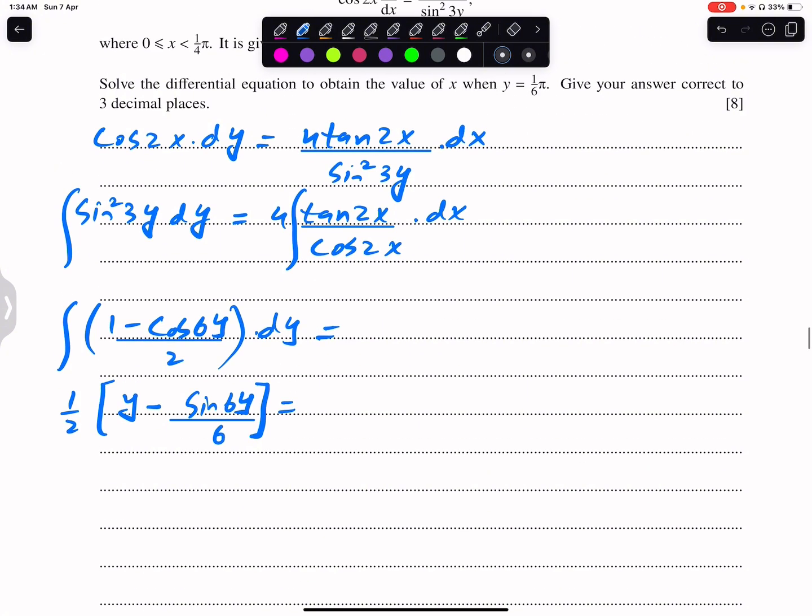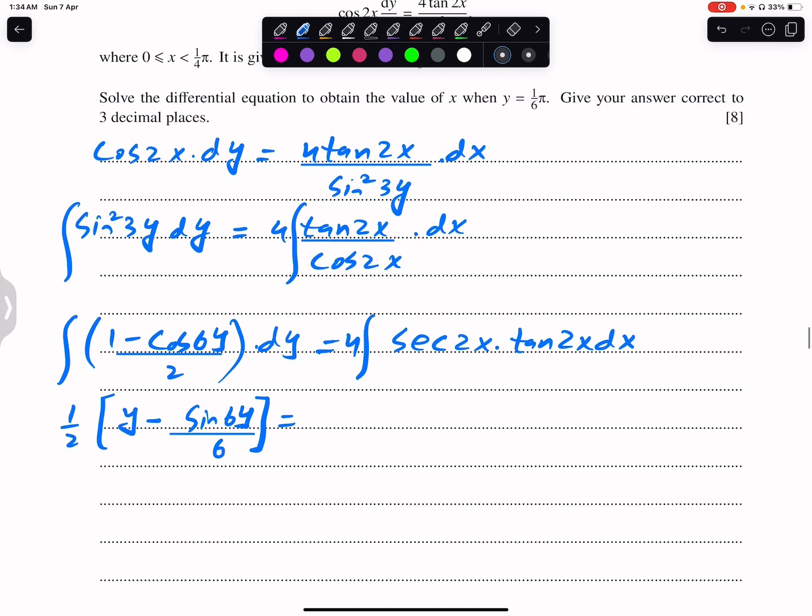Now to integrate the right side, there are 2 ways. Let's write 1 over cos 2x as secant 2x times tangent 2x dx. And now we will use the formula sheet.